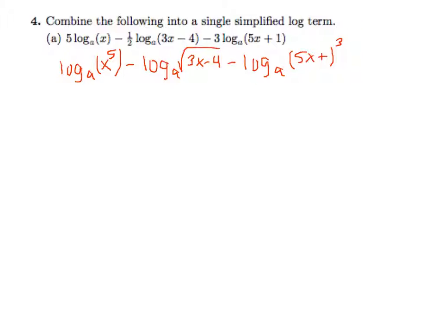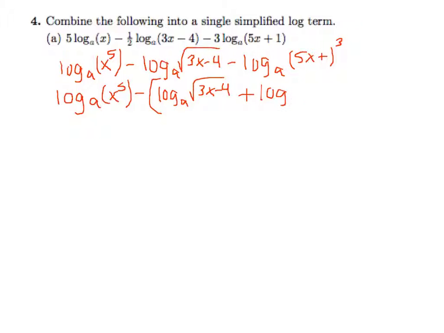And now I'm going to pull out a negative from the last two terms, so we're going to rewrite this as log base a of x to the 5th minus log base a of the square root 3x minus 4 plus log base a of 5x plus 1 cubed.